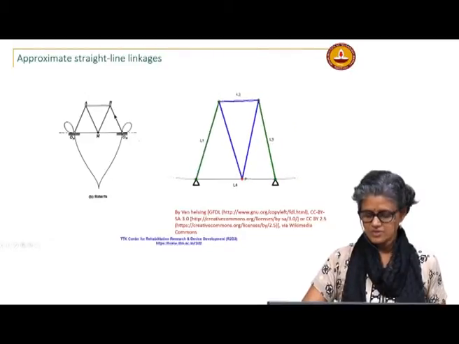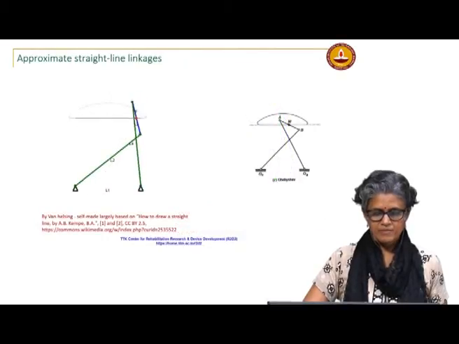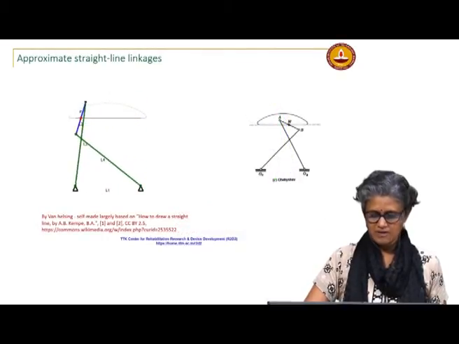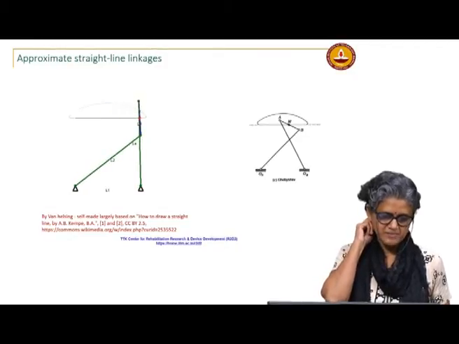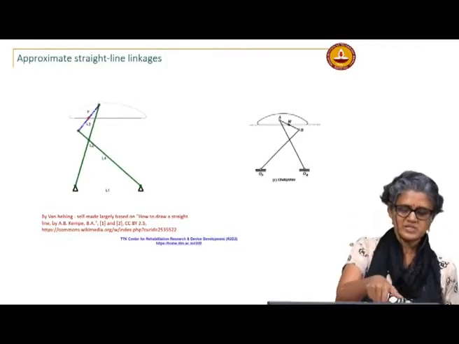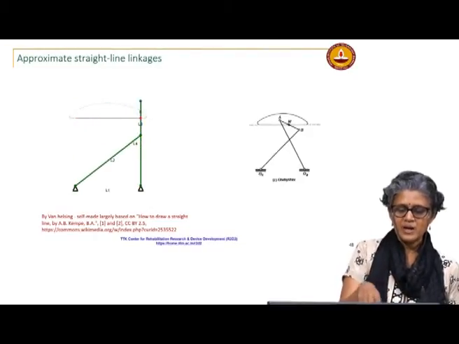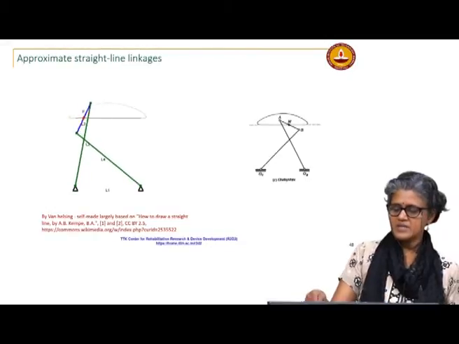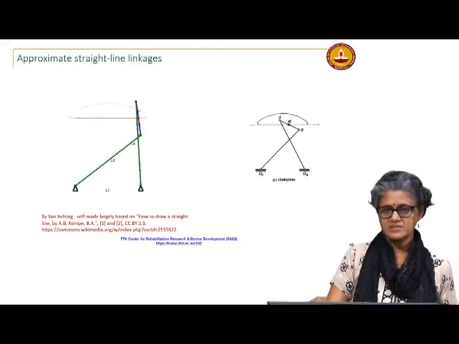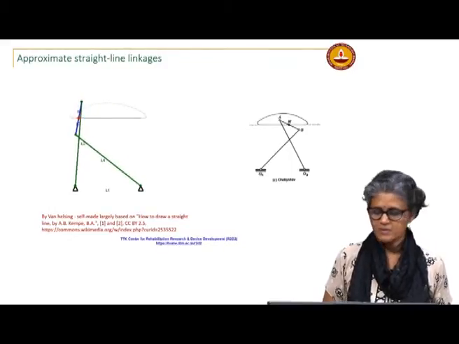So, that is your Roberts linkage, and then you have the Chebyshev linkage. Again, they are only showing it, but this could actually potentially make a full rotation. It traces this coupler curve which has a straight line portion. Okay.